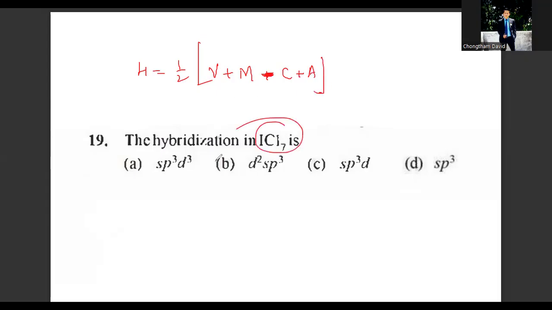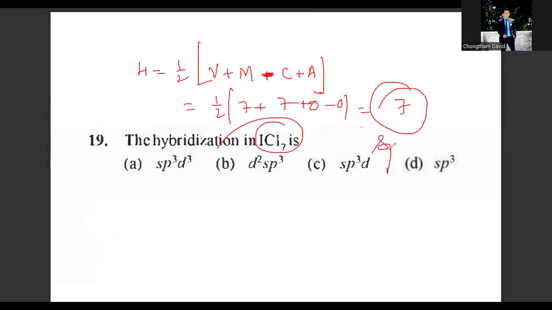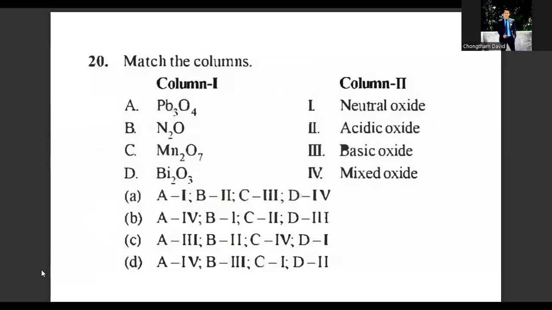Iodine has 7 valence electrons and there are 7 monovalent chlorine atoms, and after addition and subtraction you get 7 itself. So this must be sp3d3 configuration. sp3d3 is the option. Okay. Question number 20.